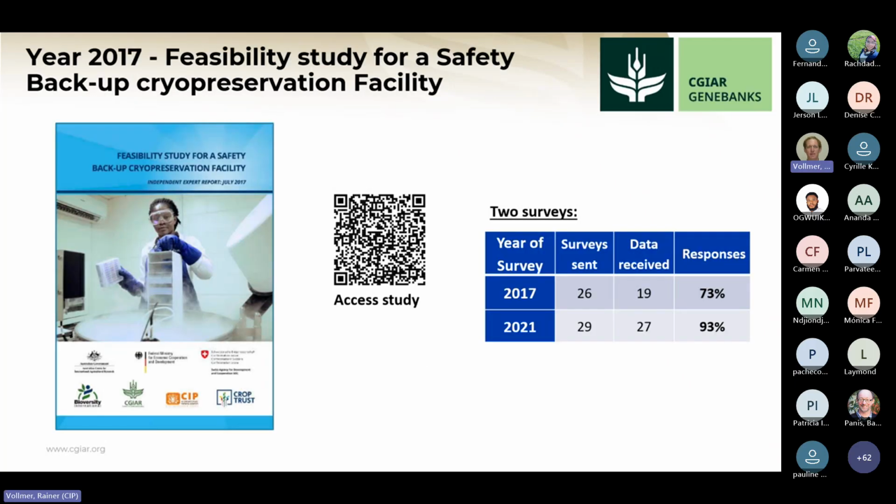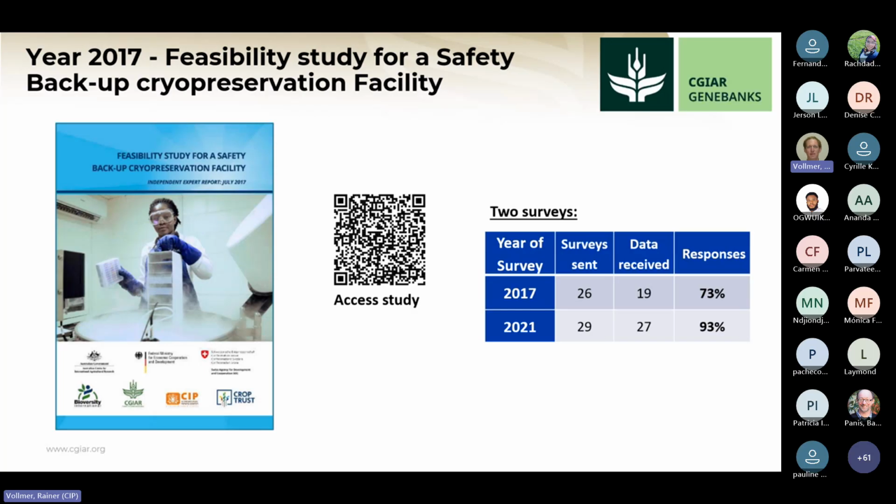Then, where did this start? In recent years we really scaled up cryopreservation a little bit. This started with a feasibility study that was done in the year 2017. Bart was participating very deeply in this study, and thanks Bart for sharing some slides on this, so I can show it here.